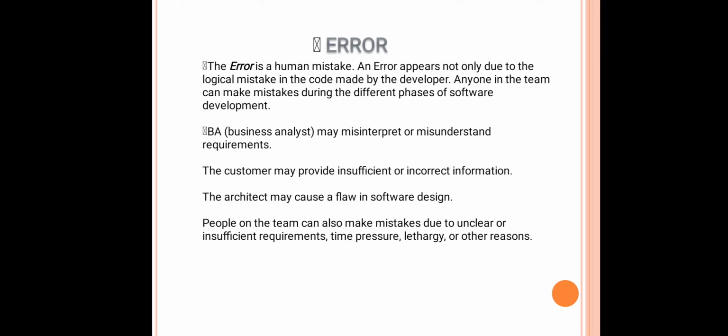And if the architecture causes a flaw in the software design, meaning the architecture or software design is incorrect, then an error will occur. People on the team also make mistakes due to unclear or insufficient requirements, time pressure, or other reasons that cause errors in the applications.